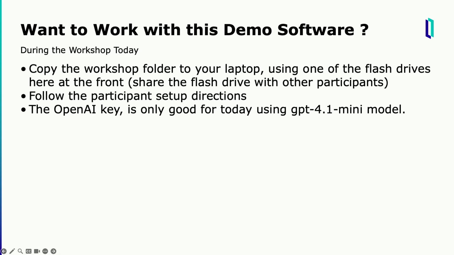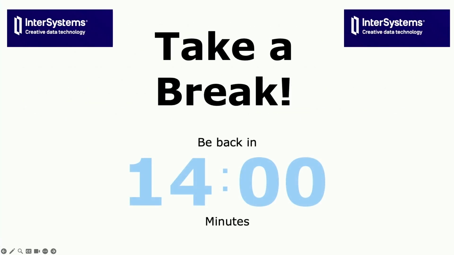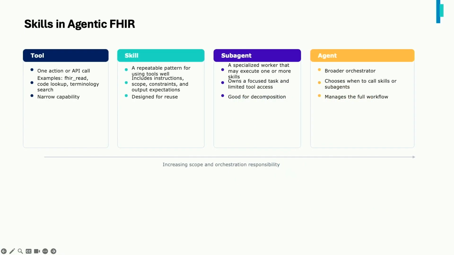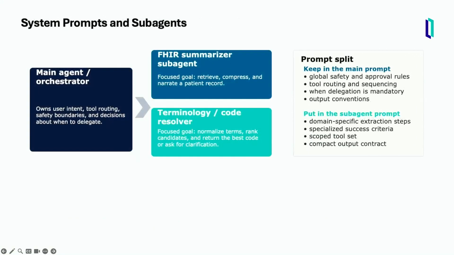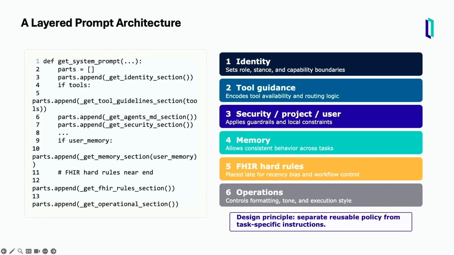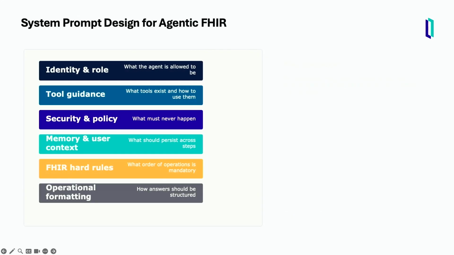Will you pull back up the slide that had the components of your prompt? And I just want to speak a little bit about the security component of that. The concept of removing that from the actual prompt and making it deterministic code, and how much of that could be deterministic versus generative. Yeah, that's great. So the security and policy piece of this.